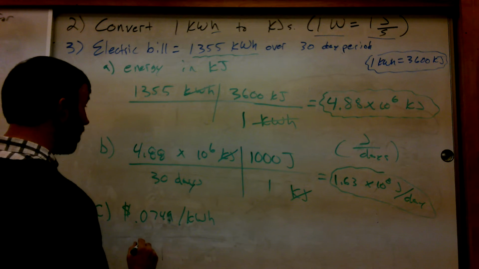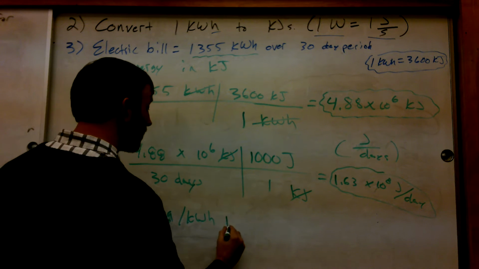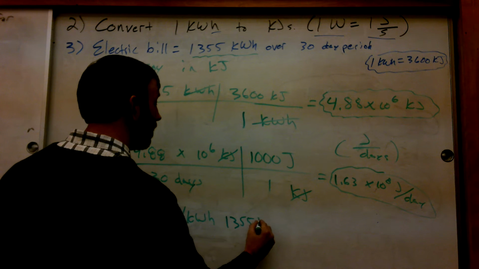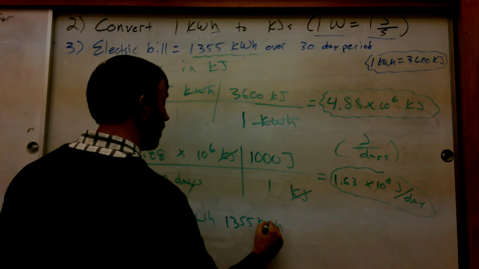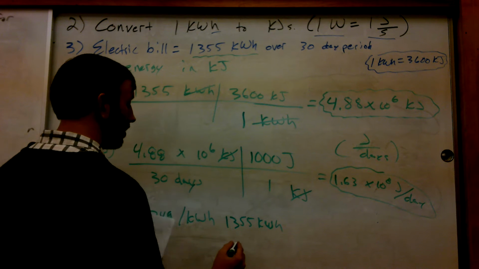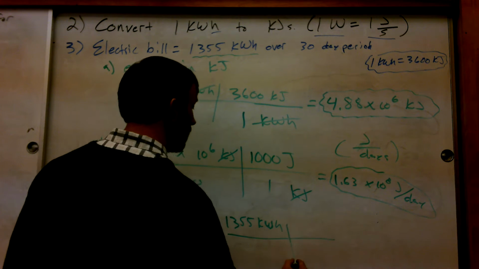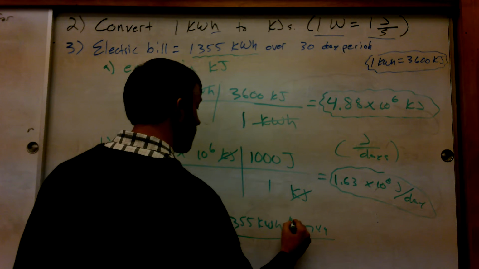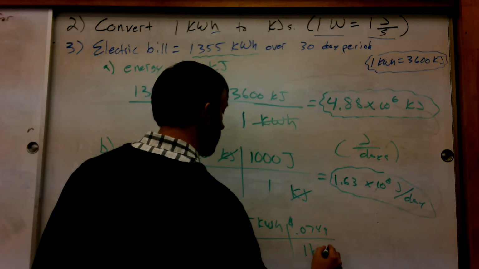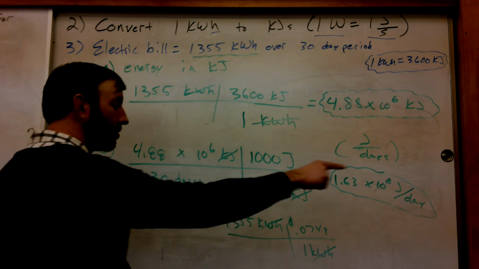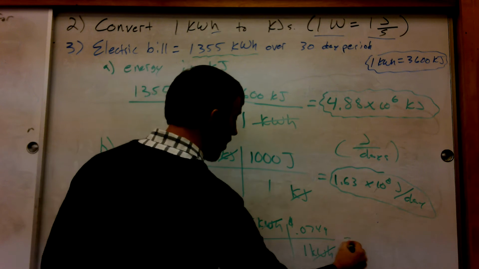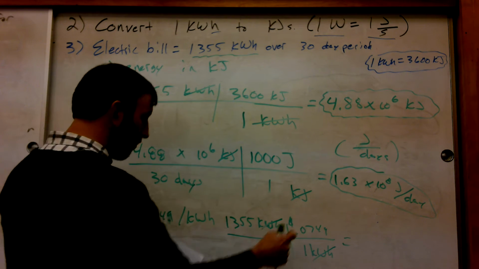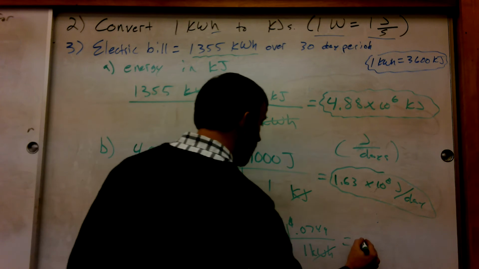I'm going to go 1355 kilowatt hours, times $0.0749 per 1 kilowatt hour. So my answer will come out in dollars. So I multiply that by 0.0749, I should get about $101.